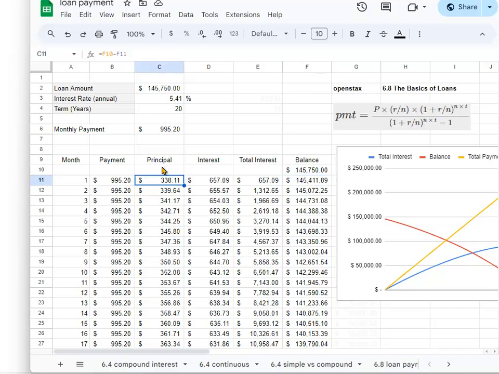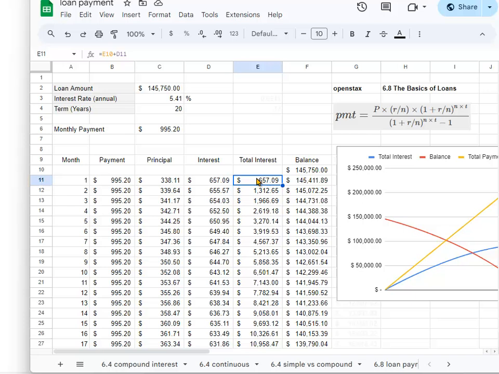Then the principal here is, well, subtract these two numbers on top of each other. So for example here, and that's what you paid off from the interest, and then from the principal, and then the interest is simply these two numbers here subtracted from each other.